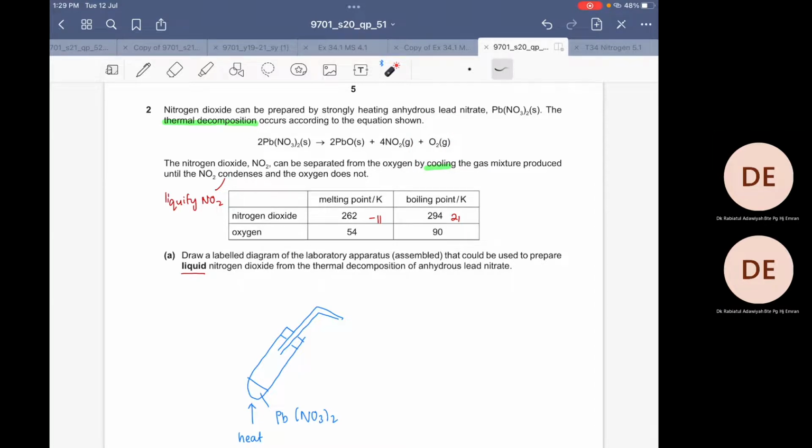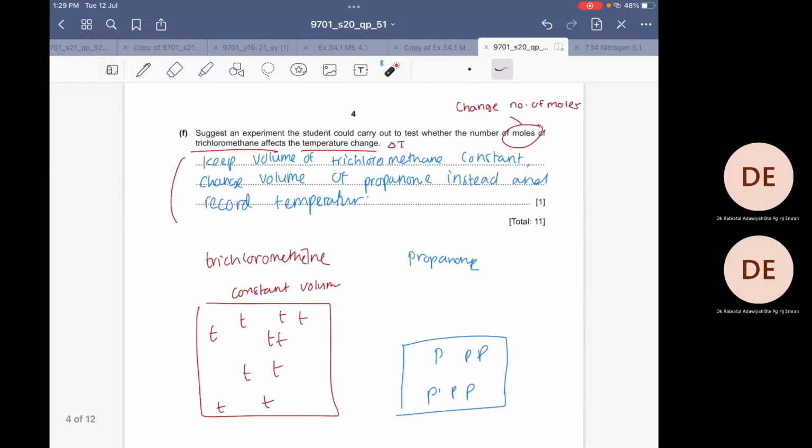The nitrogen dioxide can be separated from the oxygen by cooling the gas mixture produced until the NO2 condenses and the oxygen does not. So basically you want to liquefy the gaseous nitrogen dioxide. It will condense into liquid form, okay? So here's the melting and boiling point.